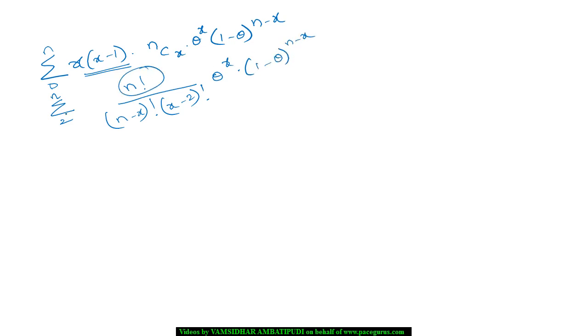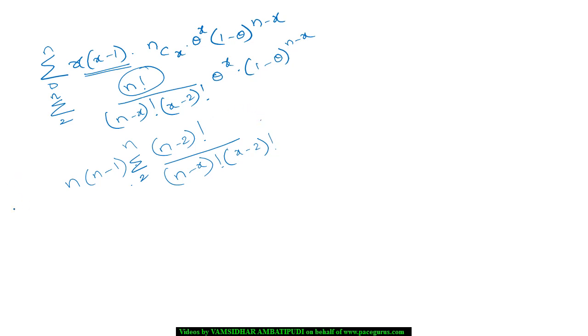Now in this n factorial, let me take out n into (n minus 1). Then this will become (n minus 2) factorial, right? And this one will be (n minus x) factorial into (x minus 2) factorial.